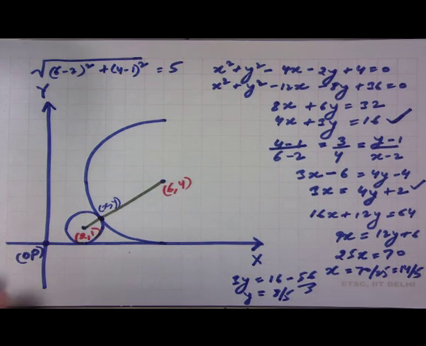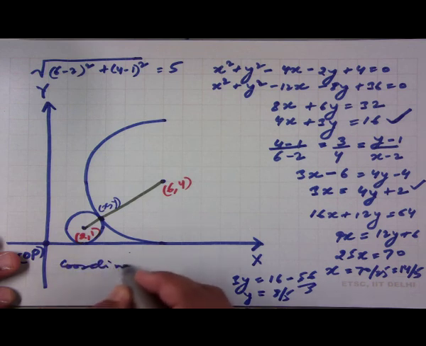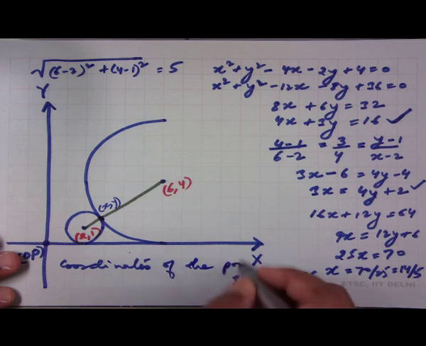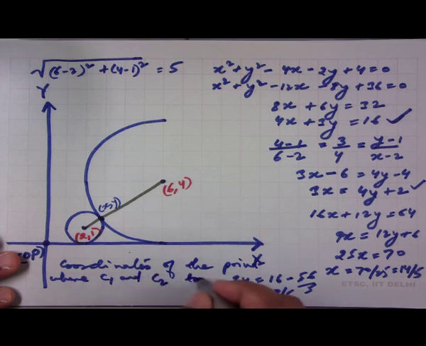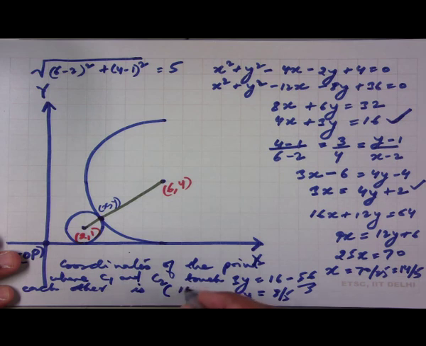So, the coordinates of the point where C1 and C2 touch each other is 14 by 5 comma 8 by 5.